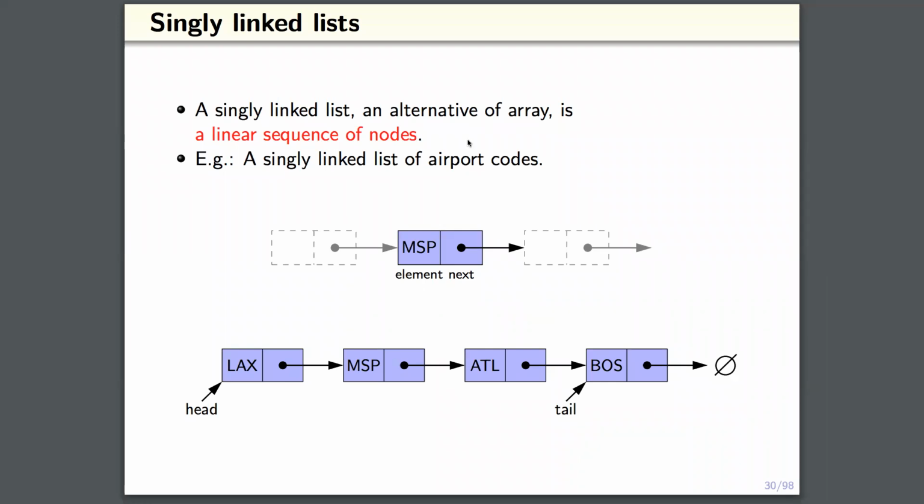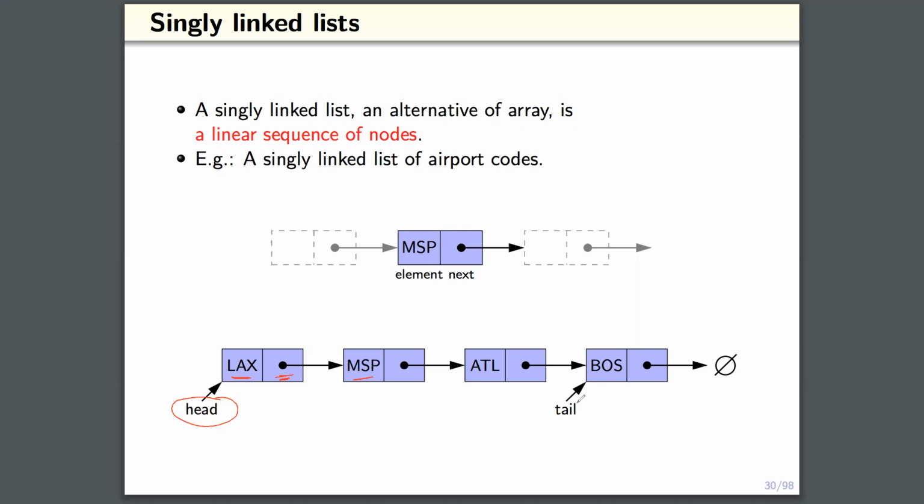Let's see. It is a linear sequence of nodes. Suppose you have a collection of airport codes, something like this: LAX, MSP, ATL, BOS. Each node has data and a pointer to the next node. The starting node is called the head node.